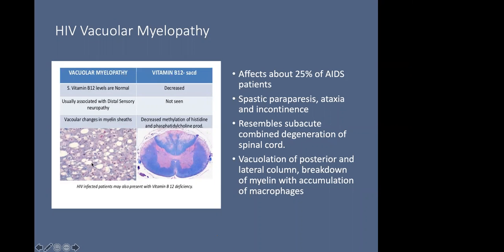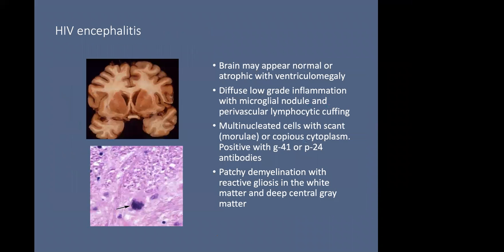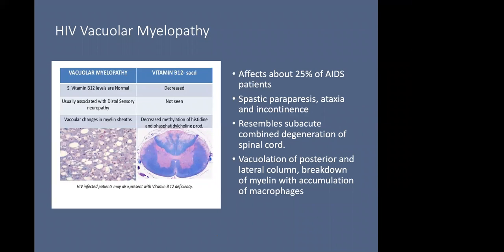But if you look at the tissue, it's full of vacuoles and large macrophages, in which you can isolate the viral particles. So for HIV, we have typical encephalitis, leukoencephalopathy, and spinal cord vacuolar myelopathy.